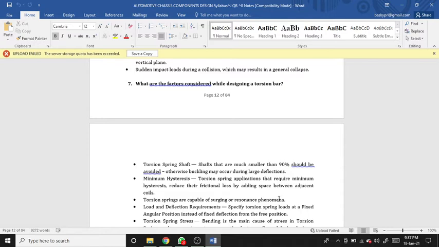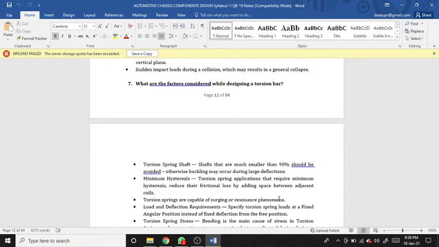For the torsion spring shaft, a slenderness much smaller than 90 percent should be avoided, otherwise buckling may occur. Buckling is nothing but bending due to the self weight. So the torsion bar should be of limited length. As well as that, we need to decide whether it is hollow or solid, and based on the load condition we need to consider that.